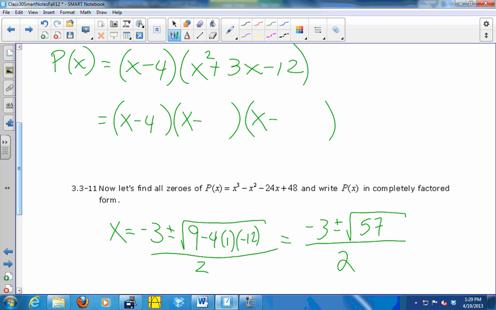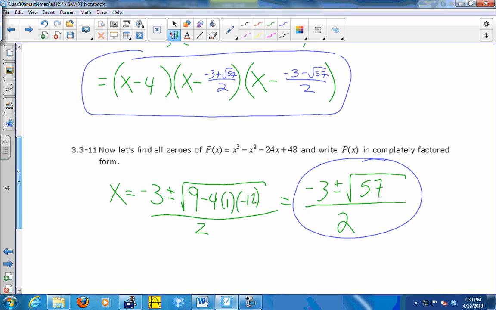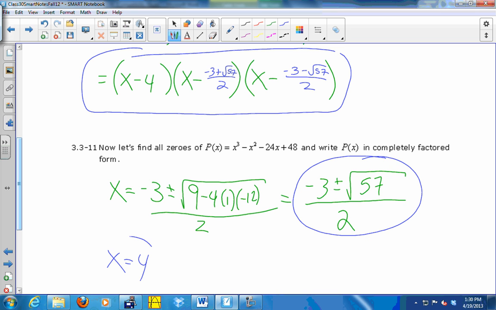And all I have to do is just plop them in right there. Negative 3 plus root 57 over 2, and negative 3 minus root 57 over 2. And now we've written it in completely factored form. So here's completely factored form. My 3 zeros are those two, and the first one I found, x equals 4.